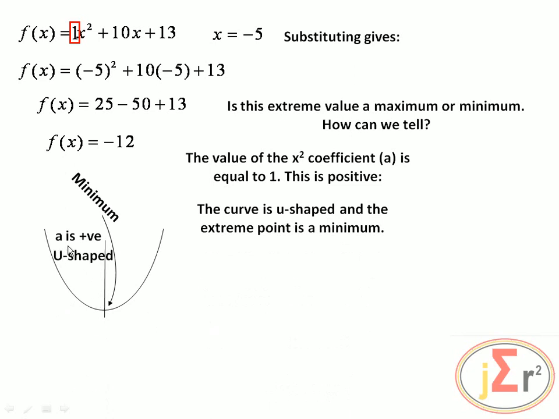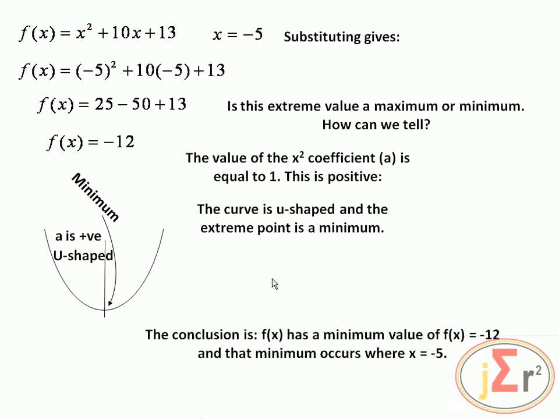So if a is positive, the curve is U-shaped and the extreme value is a minimum. The conclusion is f of x has a minimum value of f of x equals negative 12, and that minimum occurs where x is equal to negative 5.